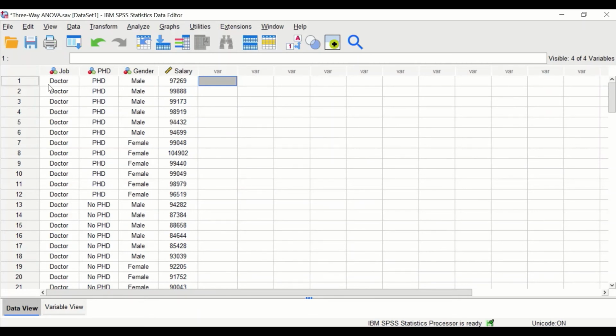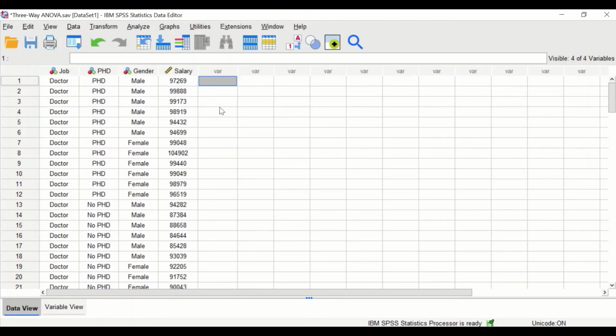For this data, we have 3 factors: job, PhD, gender, and one dependent variable, which is the salary, to find out whether there is a difference between the salary earned by doctors, dentists, pharmacists, and nurses, and whether there is a difference in the salary earned based on factor 2, which is having a PhD or no PhD, and to find out whether there is a difference in the salary based on the gender, whether you are a male or a female.